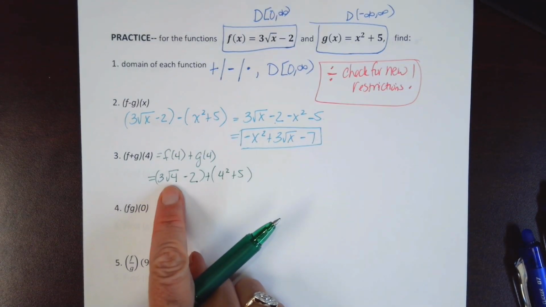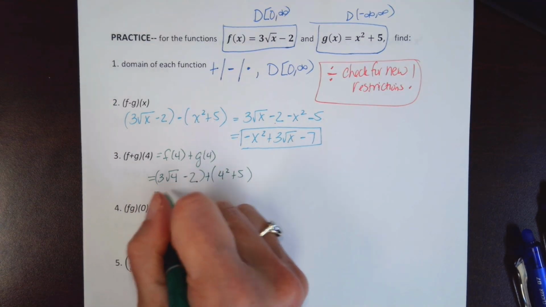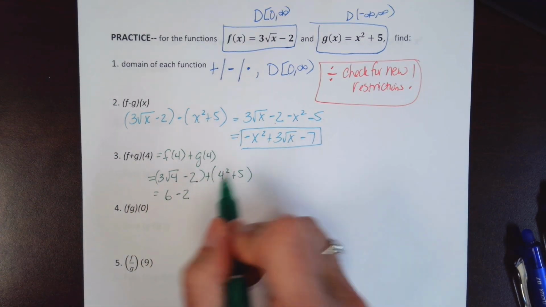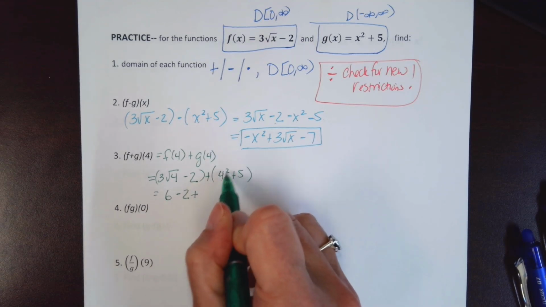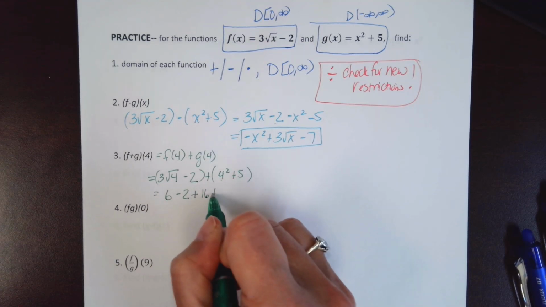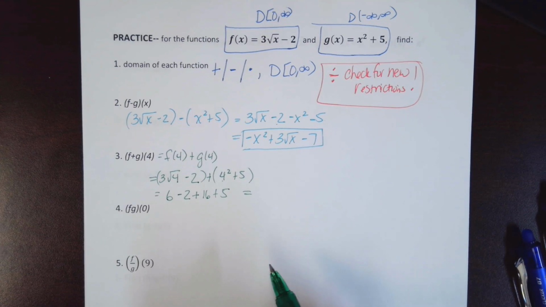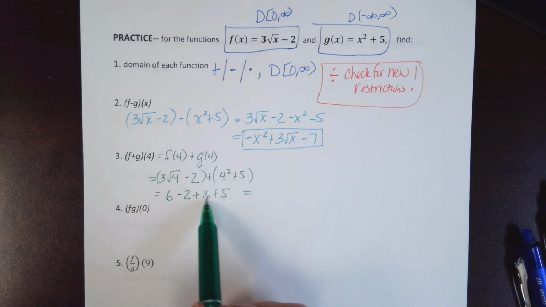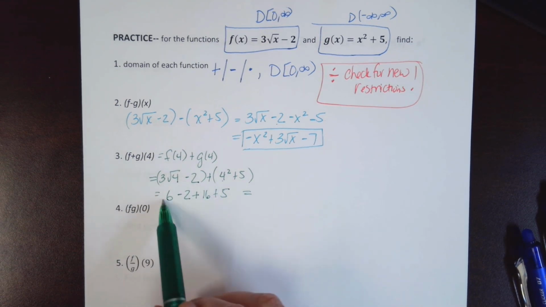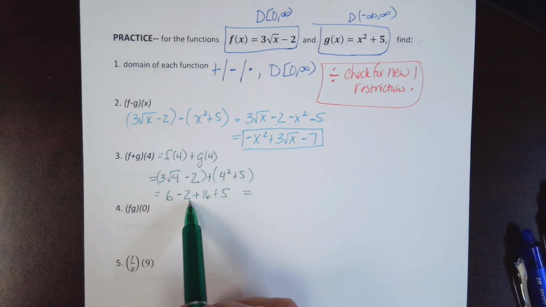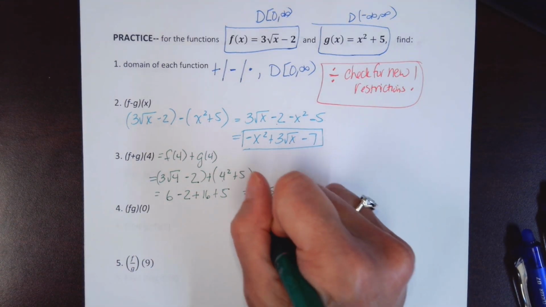Well, what's the square root of 4? Square root of 4 is 2, right? So that is 3 times 2, which is 6, minus 2. And then I'm adding to that 4 squared is 16 plus 5. Well, 16 and 5 is 21, plus 6 is 27, minus 2 gets me to 25.